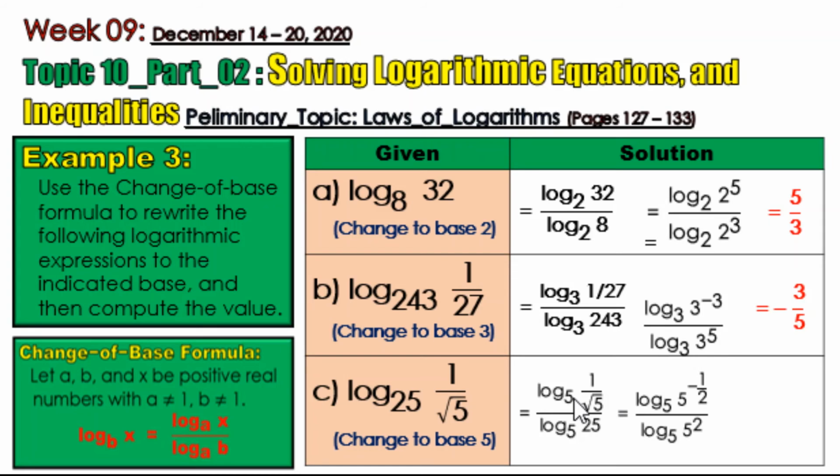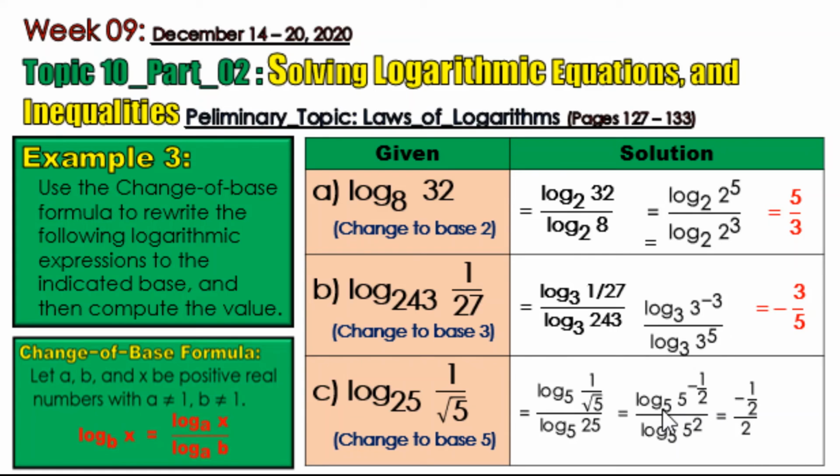So we can have 5 raised to negative 1/2. We applied the law of exponent, so your positive 1/2 in the denominator as the exponent became negative. And in the denominator, your 25 can be expressed as 5 squared.